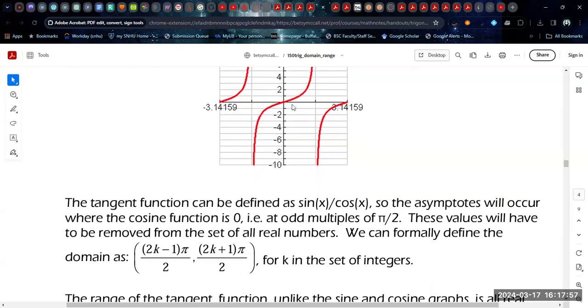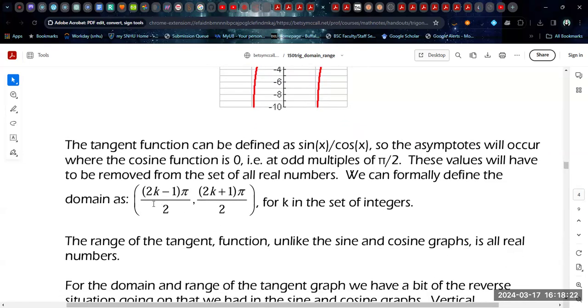And the range is going to be all real numbers. So unlike the sine and the cosine, where horizontal transformations don't affect the domain, here horizontal transformations will affect the domain, but they won't affect the range because it's the range that is all real numbers.